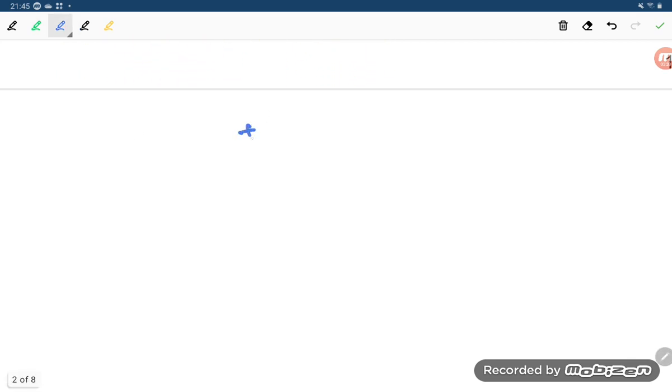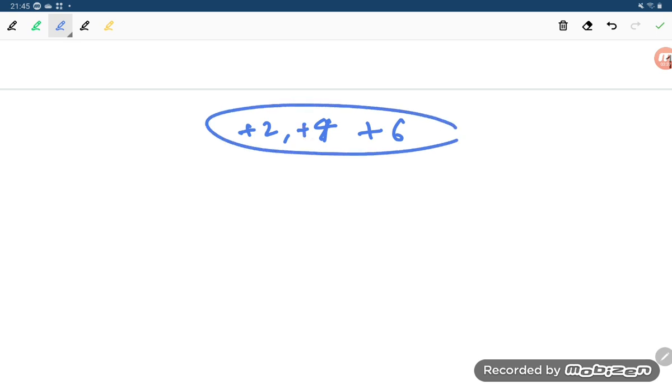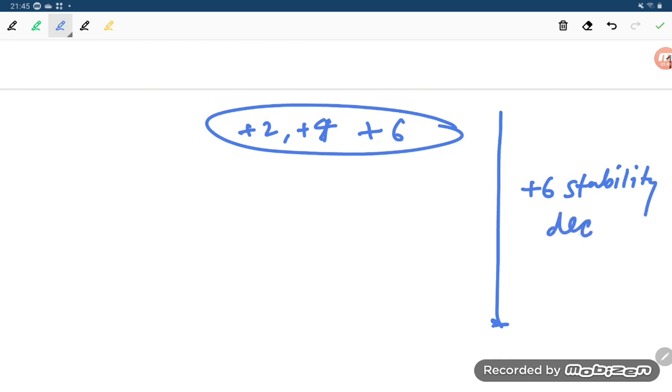Now student, the oxidation states of the other elements are +2, +4 and +6. These are the three other oxidation states. Going down the group, the +6 stability decreases, student, because of the inert pair effect.